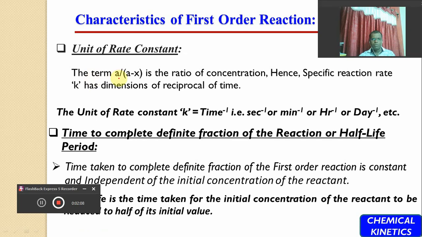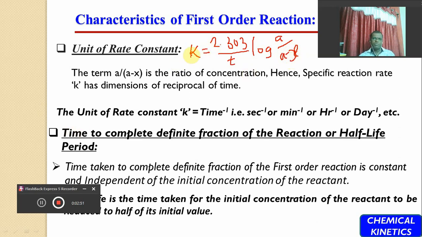The equation for the rate constant of first order reaction is k is equal to 2.303 upon t log to the base 10 of a upon a minus x, where a is the initial concentration and a minus x is the concentration of reactant unreacted after time t.